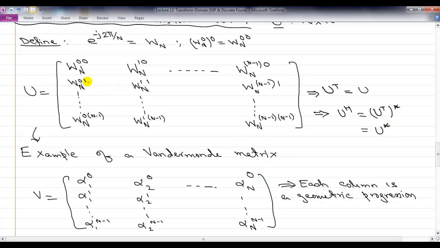U conjugate simply means that you will put minus signs in the exponent at every entry of this expression. So even U Hermitian is going to be a Vandermonde matrix, but the first entry will become, instead of W_N^0, W_N^{-0}.